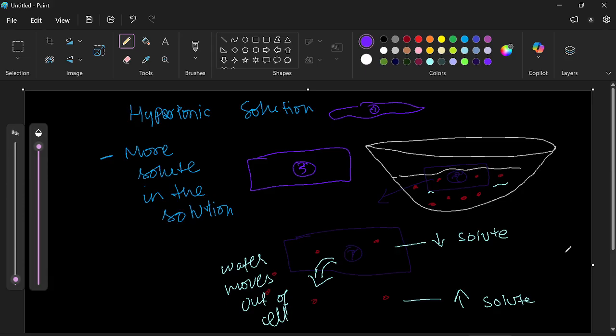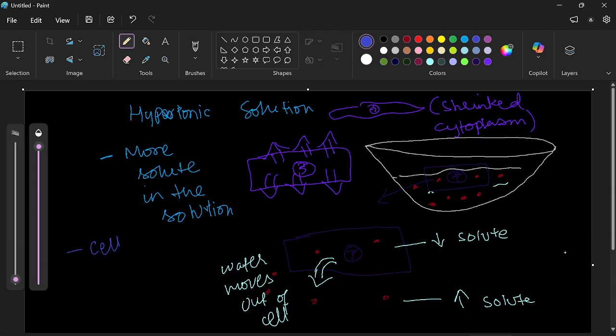It can get like that, shrunken cytoplasm due to excessive loss of water. The cell will get shrunken, and as a result, the cell will die.